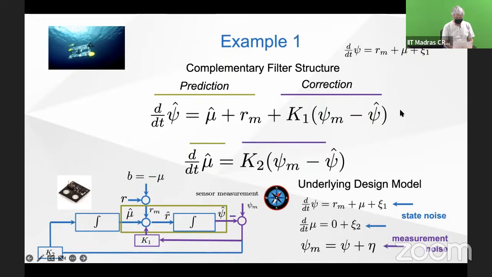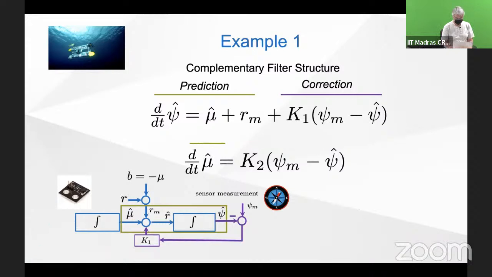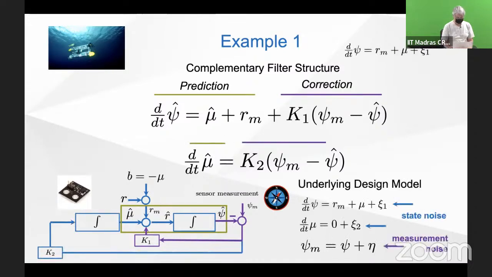When you write this in terms of whatever is specified in filtering theory, what you have is the derivative of psi is the measurement plus the bias plus some state noise. The bias, you don't know it. You need to estimate it. You assume it's constant, so you say that the derivative is 0, and then you have some state noise. And the measurements are the measurements of psi corrupted by noise. So this is what we went through before.